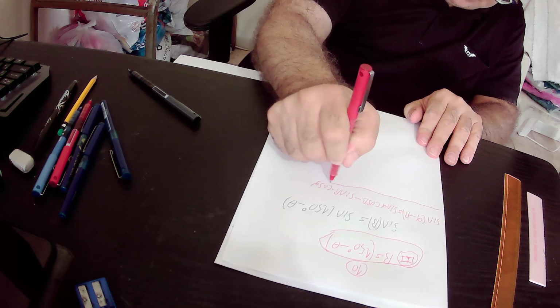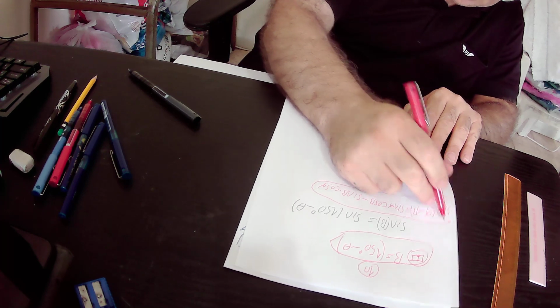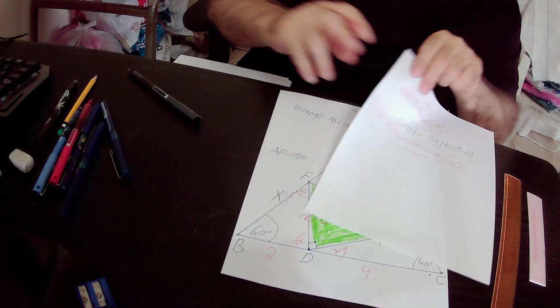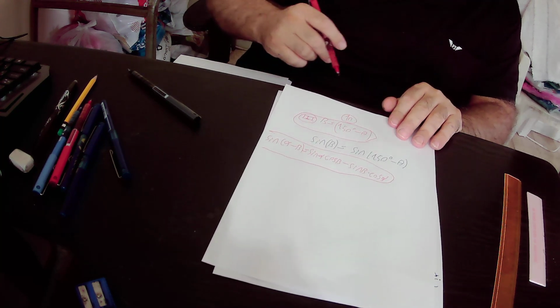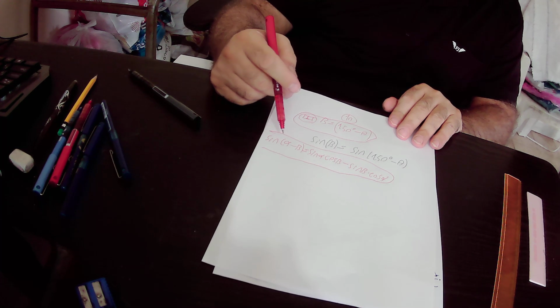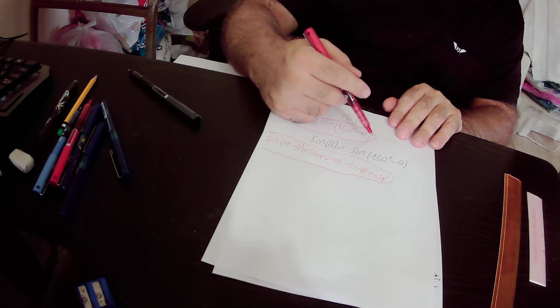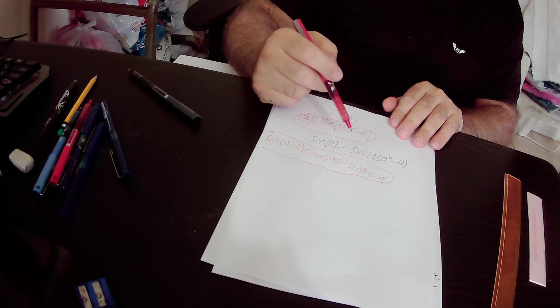So we will use this identity when we substitute alpha by 150 degrees and beta by theta.